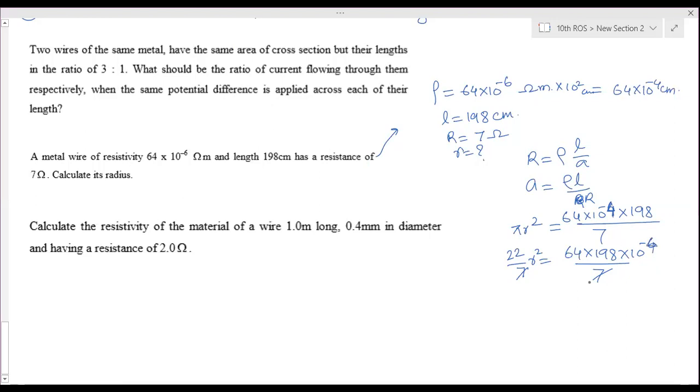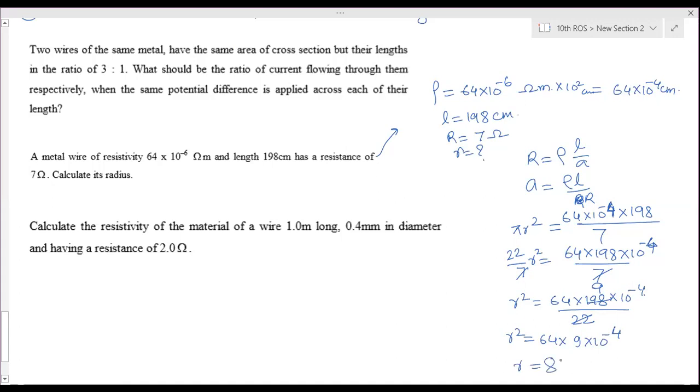So r square is equal to 64 into 198 into 10 to power minus 4 by 22. 22 nines are 198. So r square is equal to 64 into 9 into 10 to power minus 4. So r is the square root of every term.